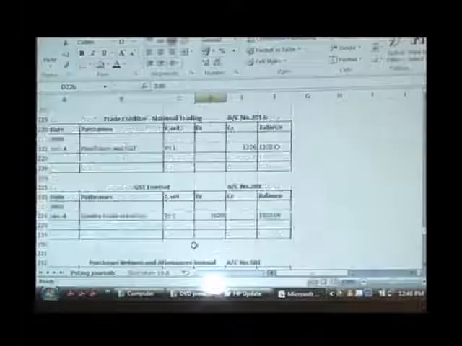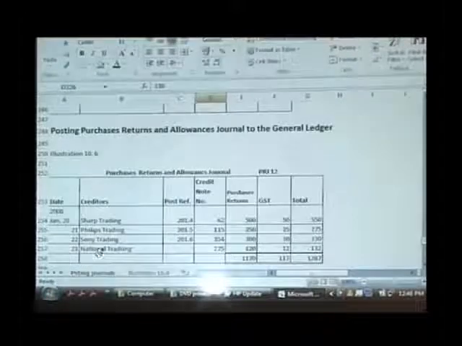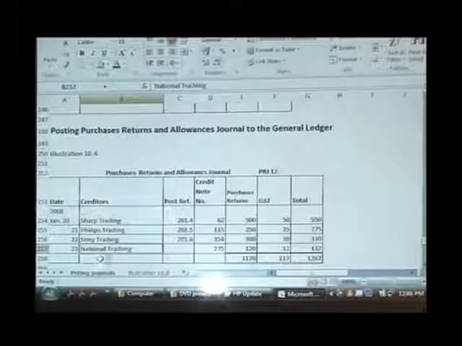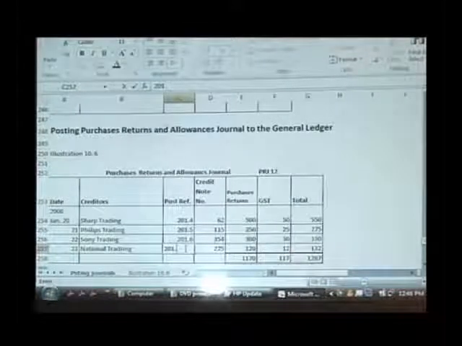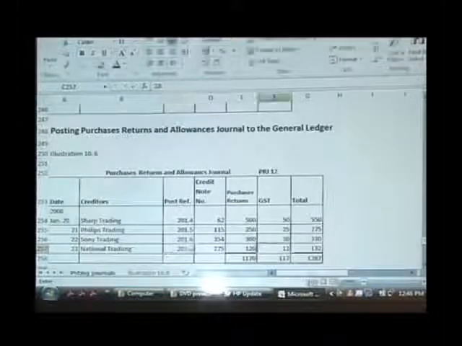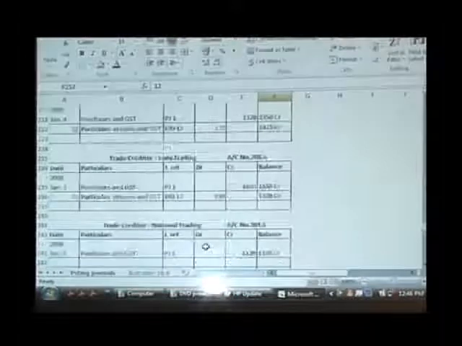And again the last item, National Trading, the account number 201.8, amount is 132.